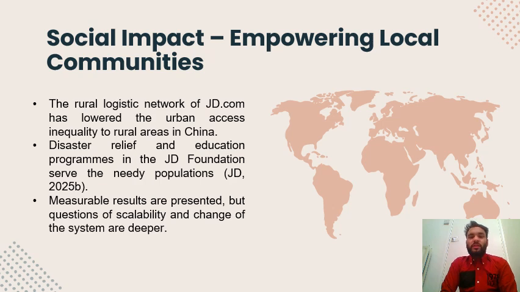The rural logistics network of JD.com has lowered the urban-rural access inequality in China. The disaster relief and education programs of the JD Foundation served needy populations, as given in the JD 2025b article. This slide explores the social impacts of JD.com's activities. The company's logistics network contributes to delivering goods to distant areas, eliminating inequalities in accessibility.